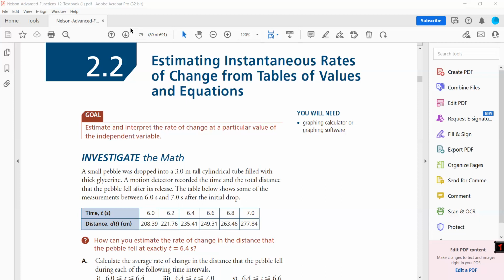To begin with, let's recall how we define the average rate of change. Let's say we had a specific graph. For now, it doesn't matter what shape or properties this graph has. Let's say my graph looks something like this. This is a function.